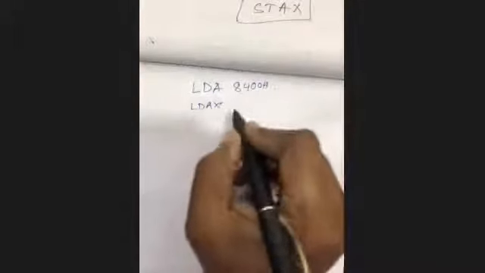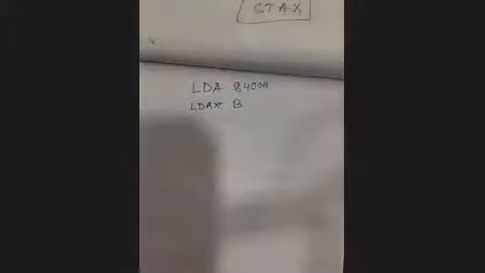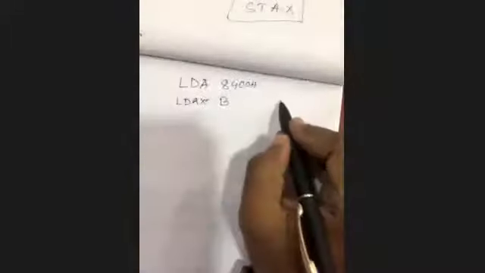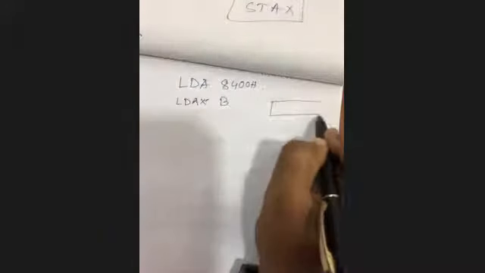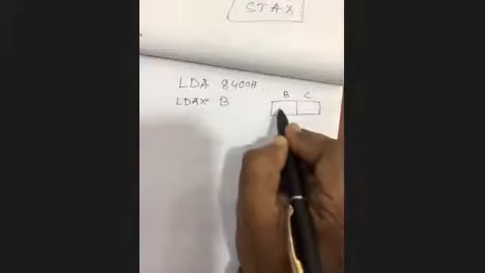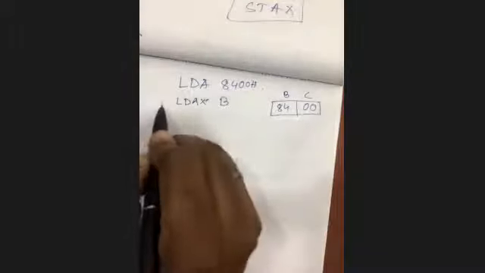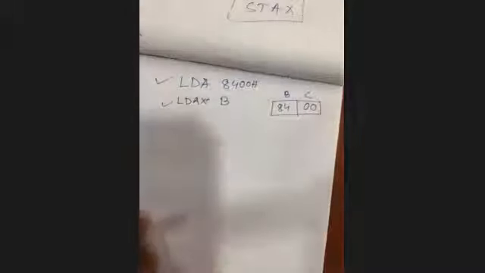So after LDAX, I give BC or DE. Say I give BC, so I give only B. If previously BC has the value 8400, then this instruction and that instruction have basically the same function.